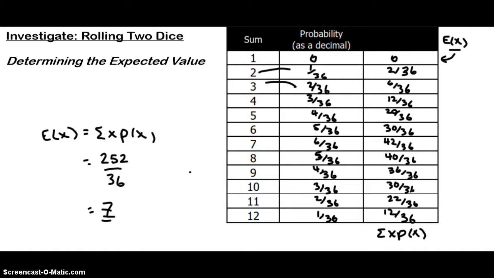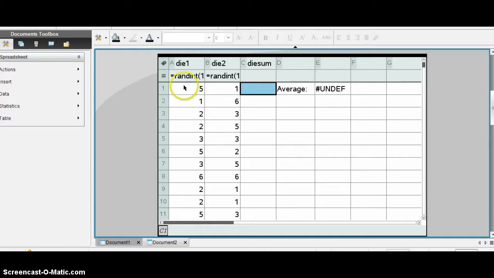If I want to simulate that with my Inspire, here I have 2 columns for 2 die. So die 1 is a random integer from 1 to 6, 1,000 times. So in other words, it's like rolling a die 1,000 times. Die 2, exactly the same thing. A random integer from 1 to 6, 1,000 times. I've got a third column here which is to add the first 2 columns.